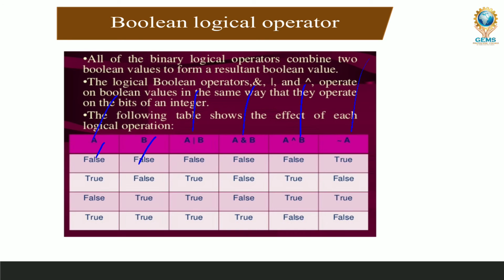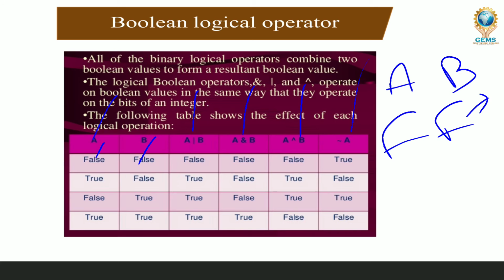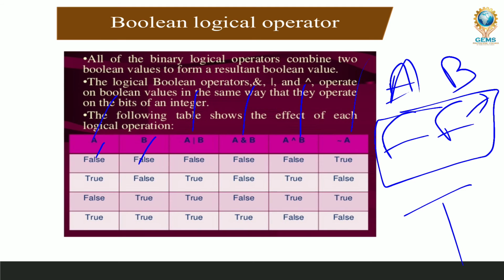Apart from this case, in all remaining cases the output is true. Only when both inputs are false will the output be false. Even though one is true and the second is false, or one is false and the second is true, or both true, in all cases the output is true except when both are false. This is the OR operator.